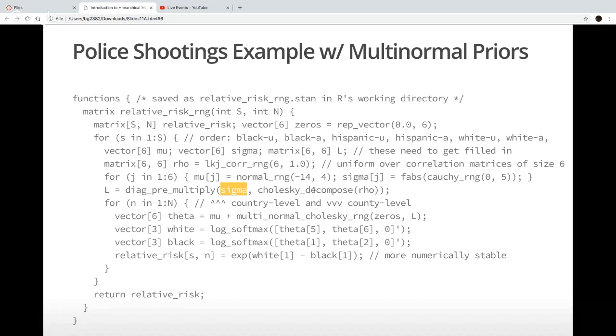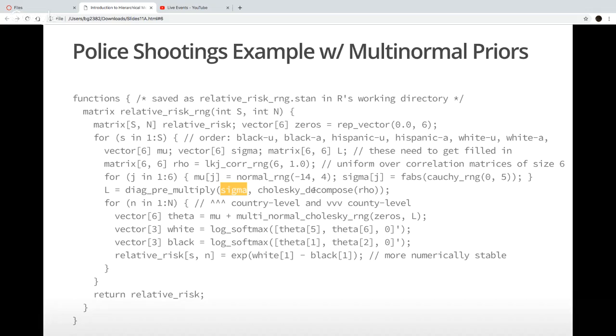A Cholesky factor, again, is a lower triangular matrix. If you pre-multiply a lower triangular matrix by a diagonal matrix of standard deviations, the result is still a triangular matrix. It's now just the Cholesky factor for a covariance matrix rather than a Cholesky factor for a correlation matrix.